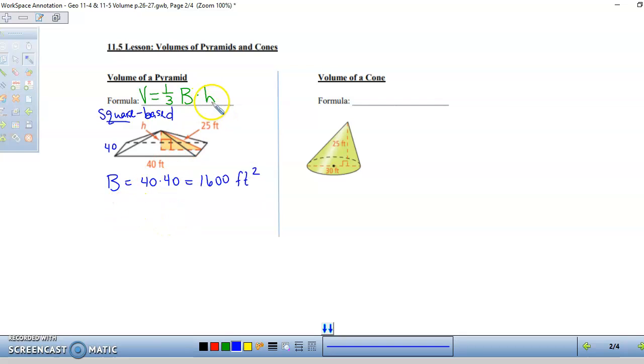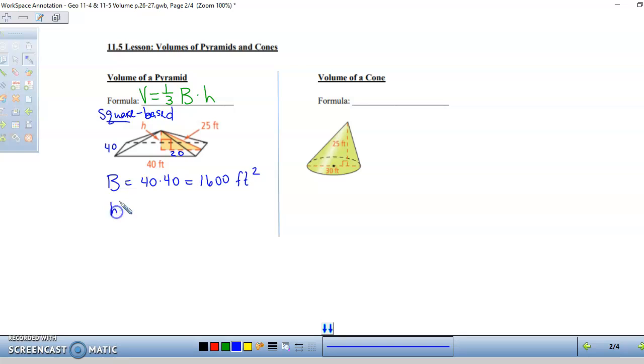Okay, now we need the height. And in this case, we are not given the height. We are given the slant height, and then we can find the apothem here. And the apothem in terms of a square is always half the side length. So this is going to be 20. What that allows us to do is use this right triangle here to figure out the height using Pythagorean theorem.